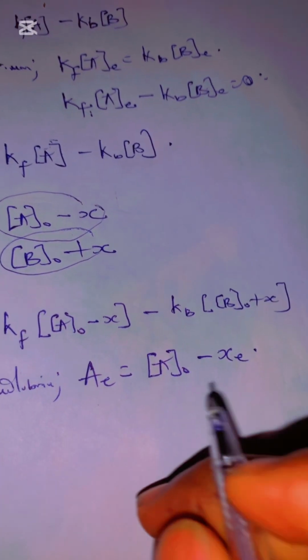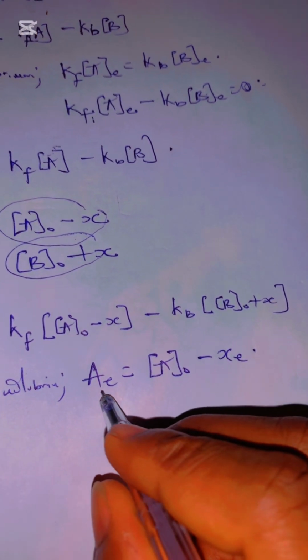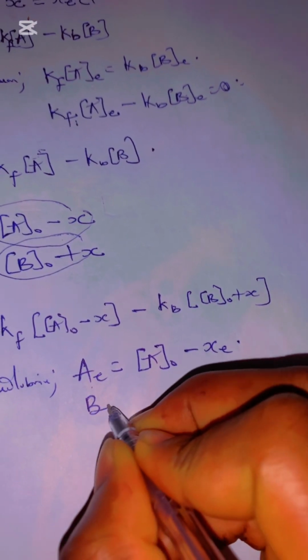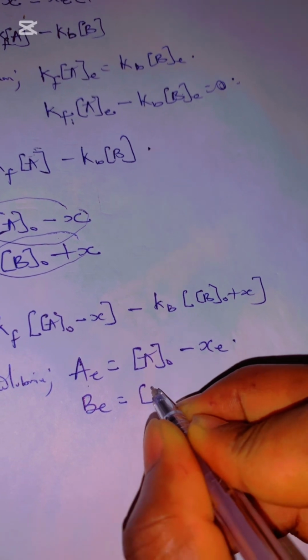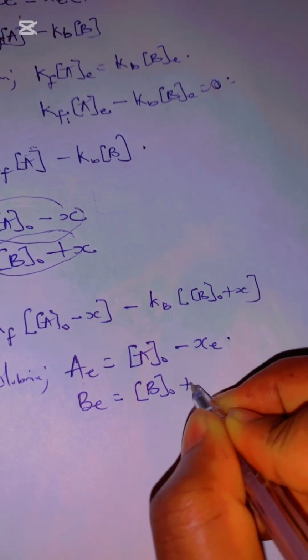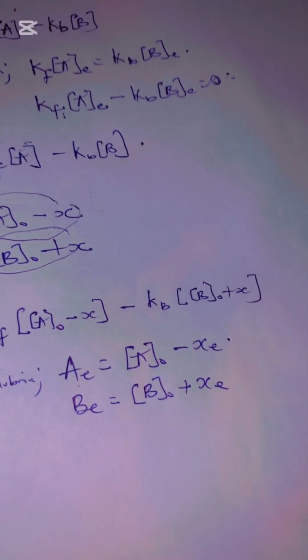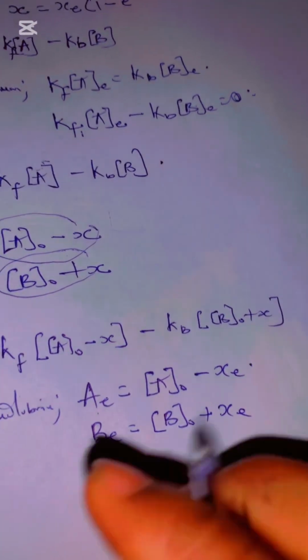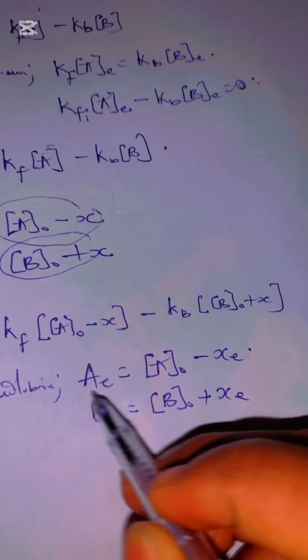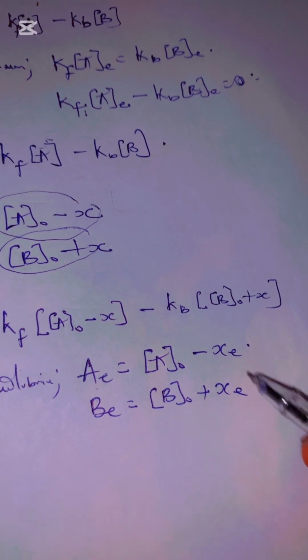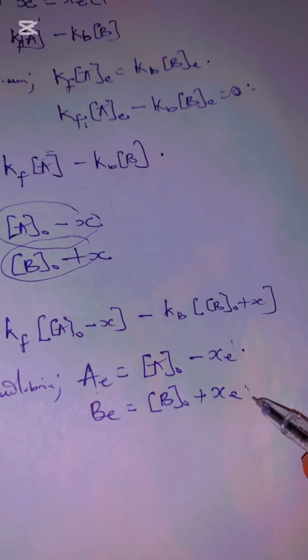And Be will be equal to B naught plus Xe, the amount of B that is produced. You can see that here we are using X because we are not talking about equilibrium yet.